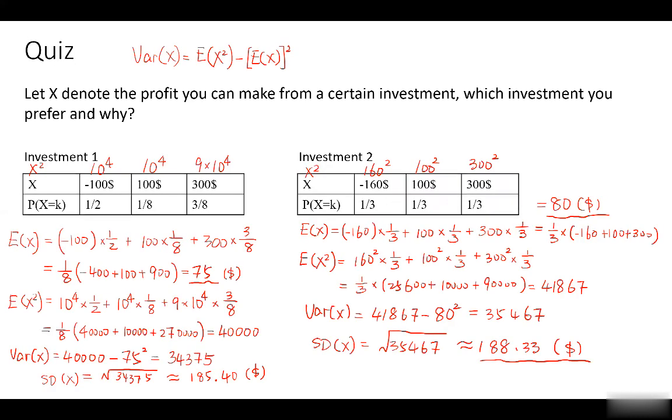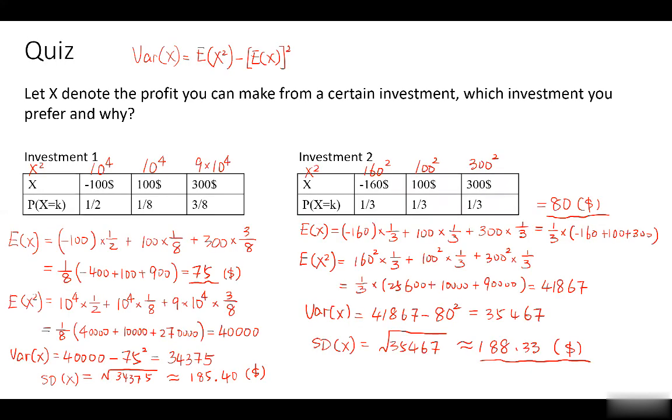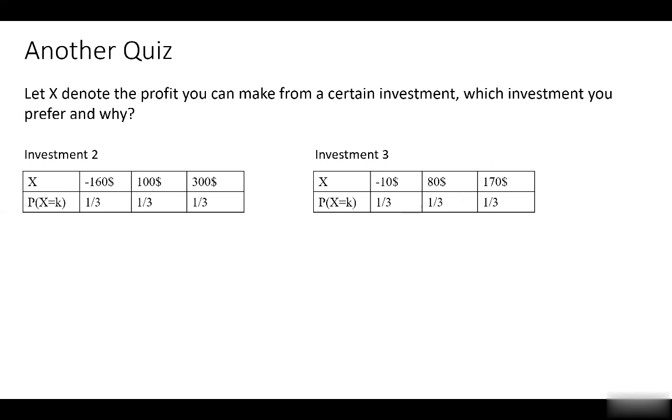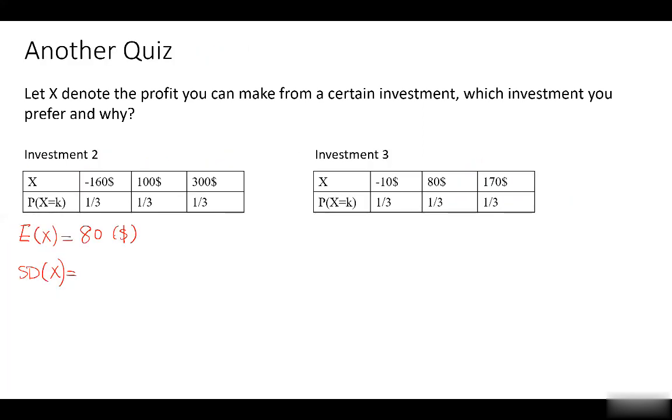Okay, I'll copy the calculated values here. So we have calculated for investment 2, right? The expected value of X is $80. And we also know that the standard deviation of X is $188.33.